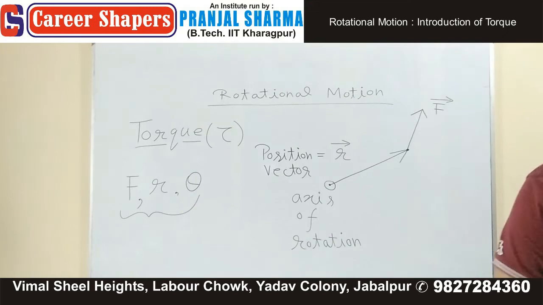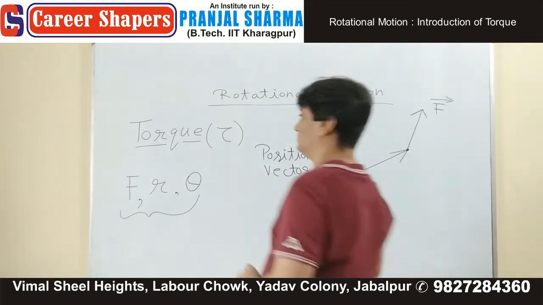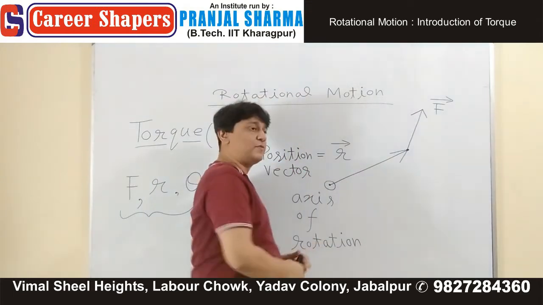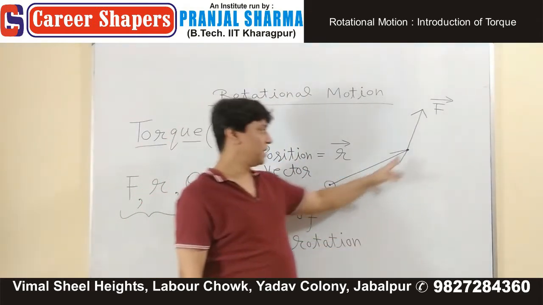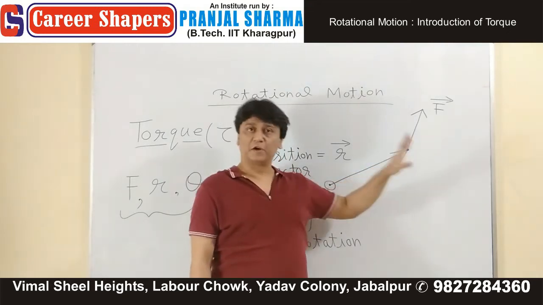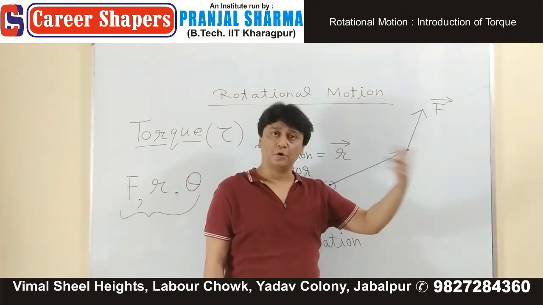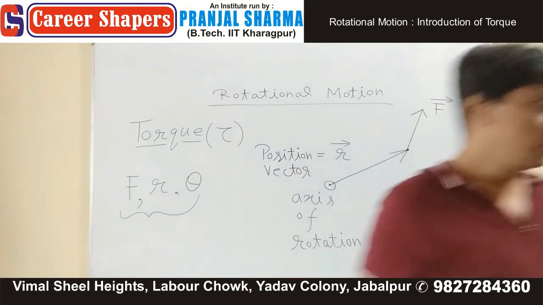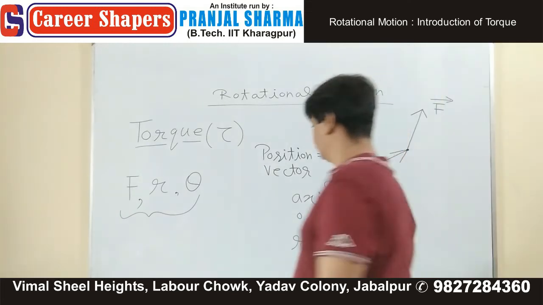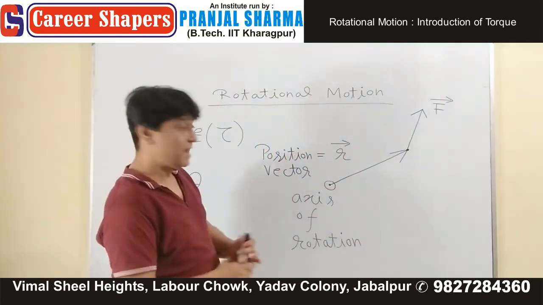Many people think that this angle is the one, and they simply answer that the angle between F and R is this. But remember, and if you do not know, then you can write the statement also. When we find the angle between vectors, we always join them with their tails. What did I say?